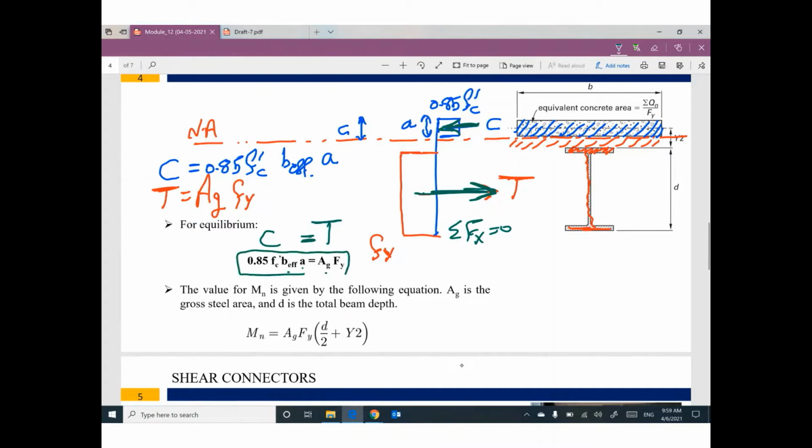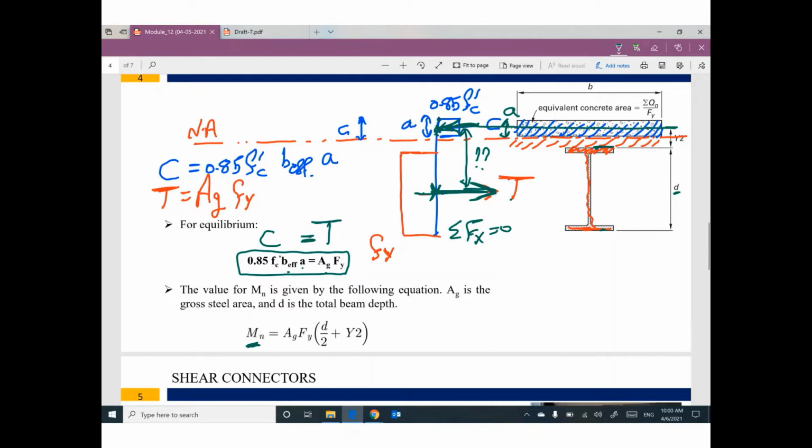I believe the only unknown in this equation will be the depth of the stress block a. So the nominal moment, if you take moment here or take moment there, will equal T times this distance in between. This distance from this figure equals depth of the steel beam plus this distance to the center of the concrete under compression.